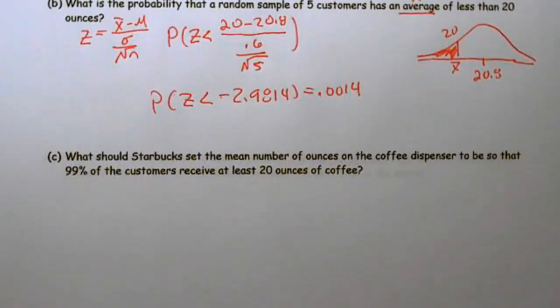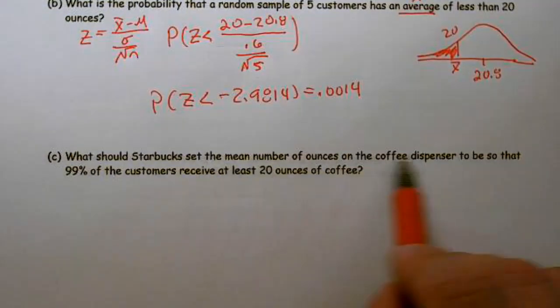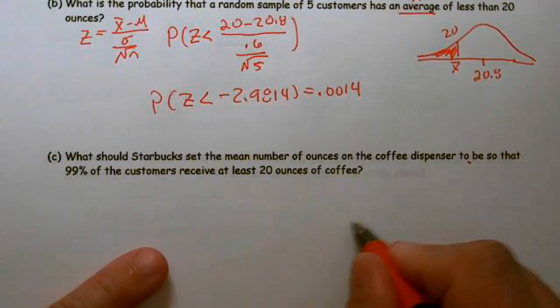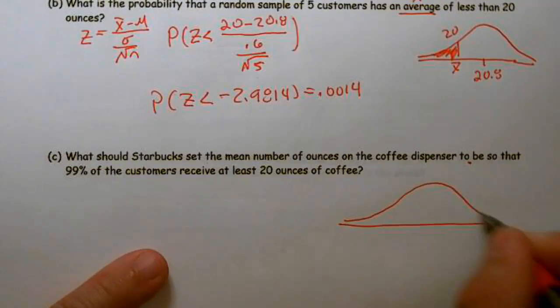All right, the next thing. What should Starbucks set the mean number of ounces on a coffee dispenser be so that 99% of the customers get at least 20 ounces of coffee? Here's our mean of 20.8.